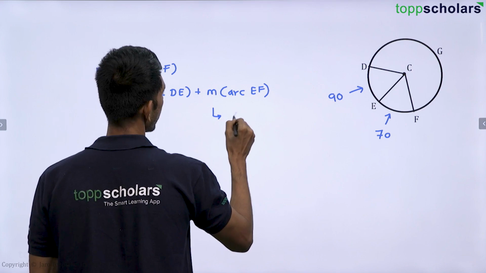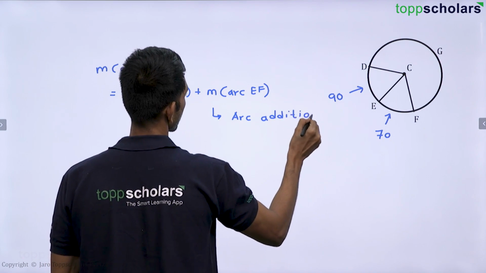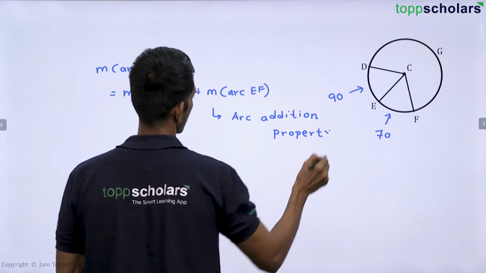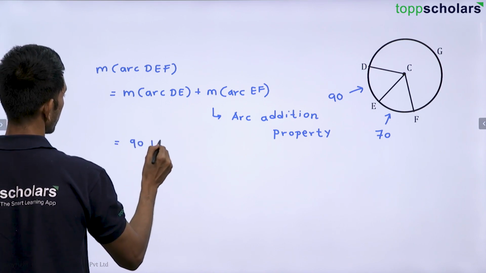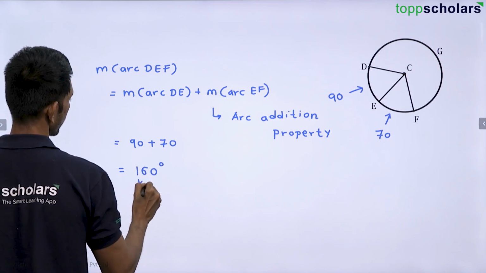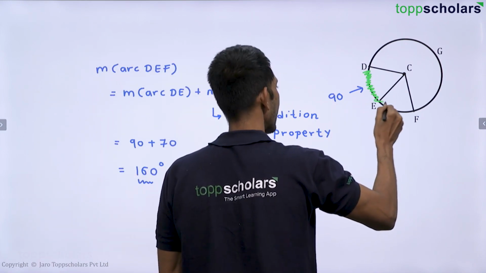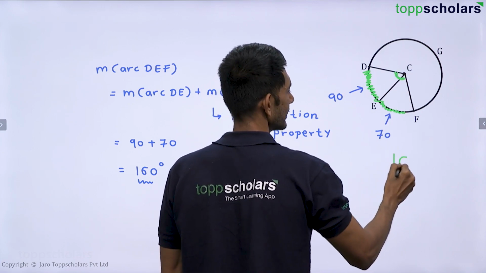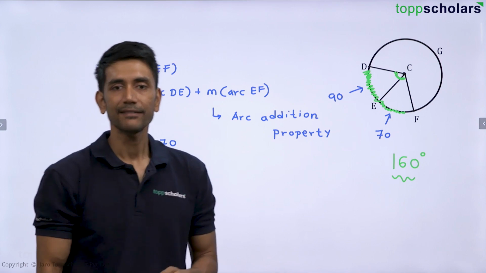The reason is arc addition property. Correct? Just add it. You will have 90 plus 70 and that is 160 degrees. So this entire arc, rather than saying angle, is 160 degrees. Perfect.